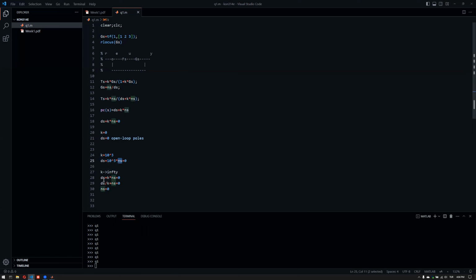In other words, you can use this strategy by dividing by k and then tending k to infinity and see that, in fact, the ds compared to k is going to be smaller and smaller, and it will eventually vanish, and you will get ns equals 0, which then gives us the open loop zeros, because it's the numerator of the open loop transfer function, so zeros.